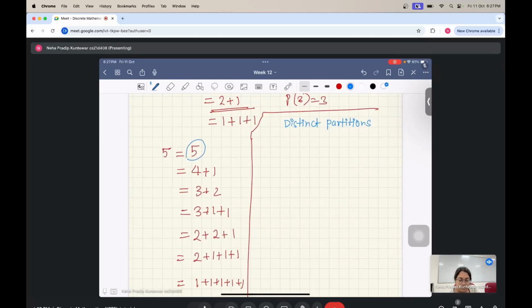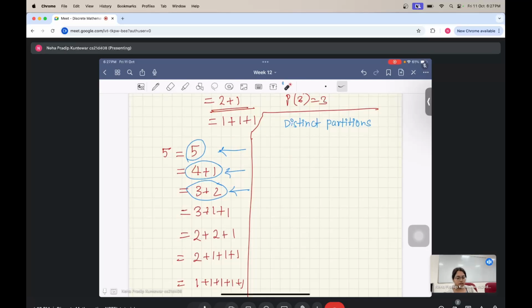In this case there is 5, which is not repeated, so 5 is a distinct partition. Then 4 plus 1 is a distinct partition because none of the numbers is repeated. Again 3 plus 2 is a distinct partition because 3 and 2 are distinct. But 3 plus 1 plus 1 has the number 1 repeated twice, so it's not a distinct partition.